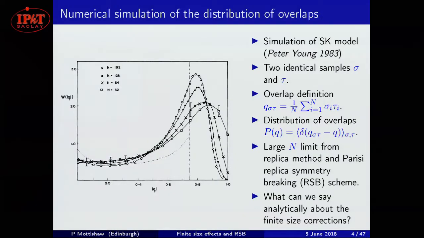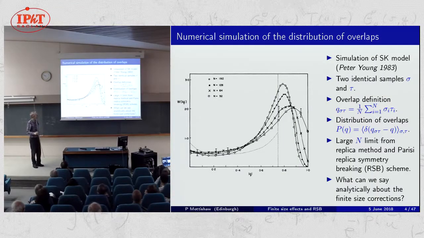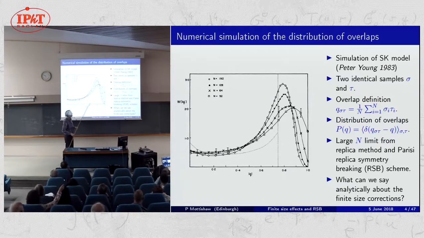If you do replicas, P of Q seems to arise as some obscure but very exciting picture of the world. But the nice thing is that you can actually simulate it directly. This is work that Peter Young did in 1983. I remember seeing this when it first came out and being very intrigued that it was possible to get direct access to something that was generated using replicas.